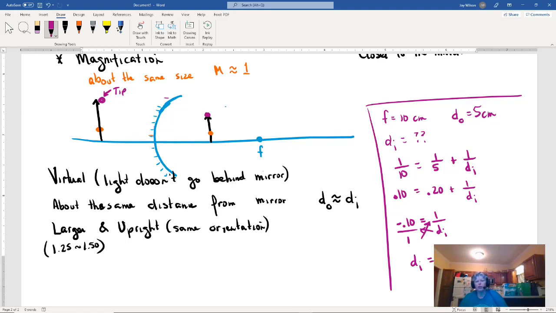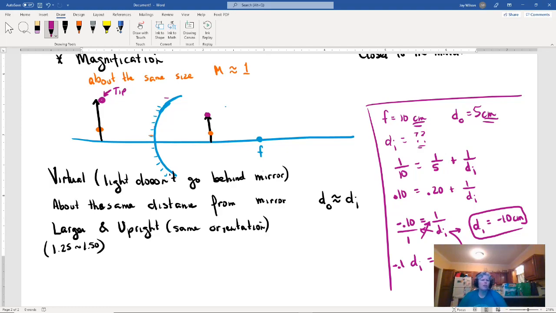So we get negative 0.1 di equals 1. So di equals negative 10 centimeters. All you have to check for here is that all the distances are the same unit. They don't all have to be meters or all be centimeters, but just make sure they're all the same unit like we usually do.